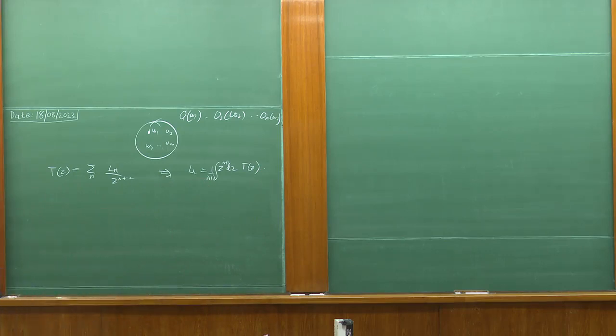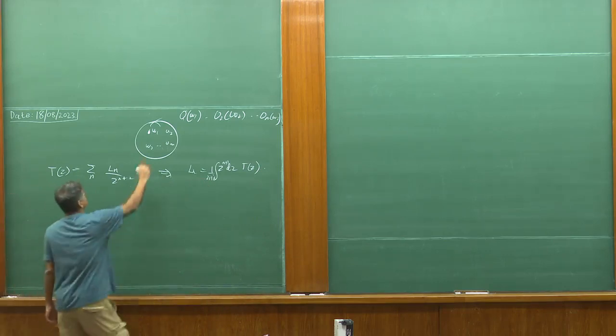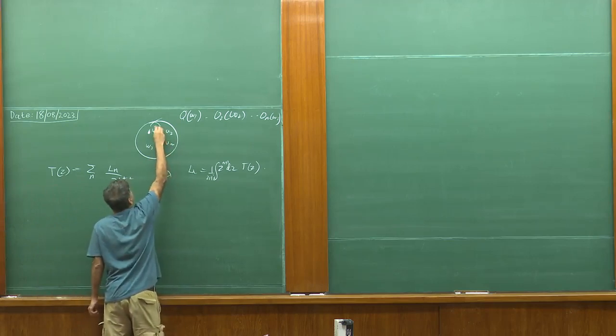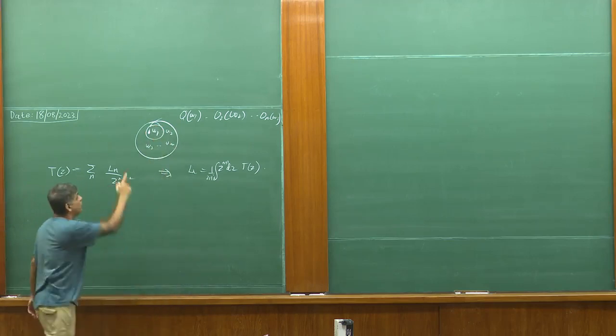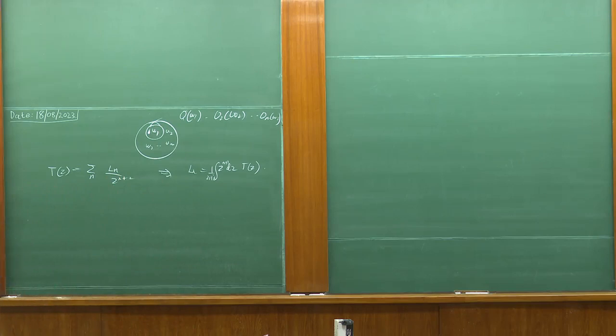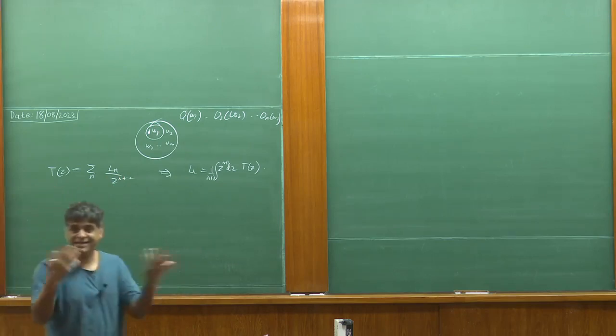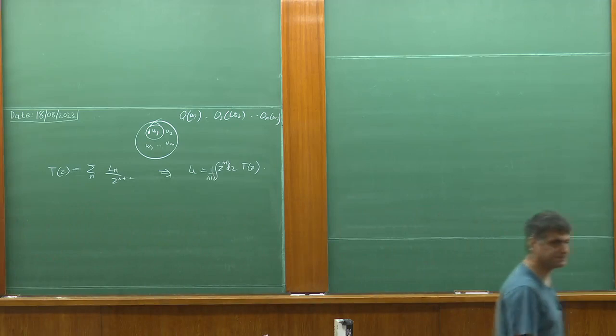Now, let us suppose that I want to act the operator Ln on O1. What that means is I take this little loop and surround it around O1.